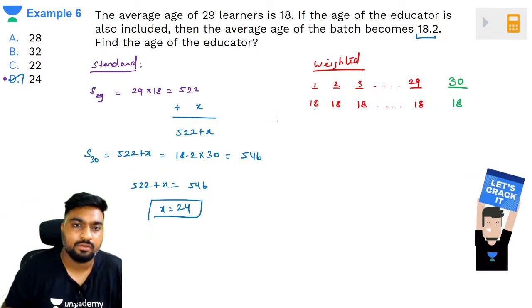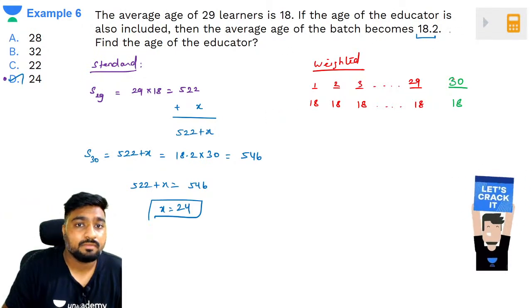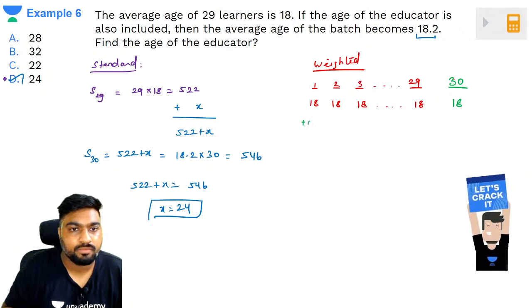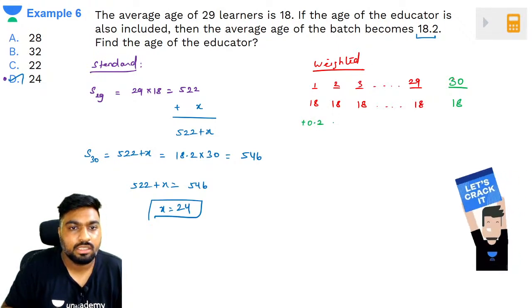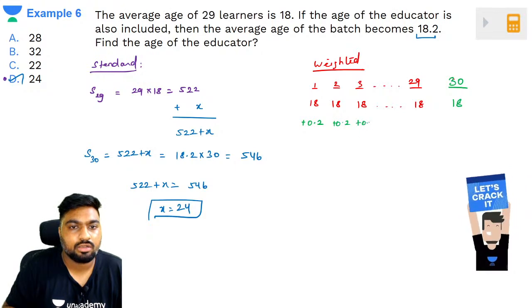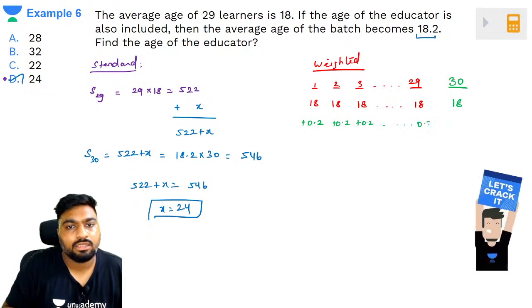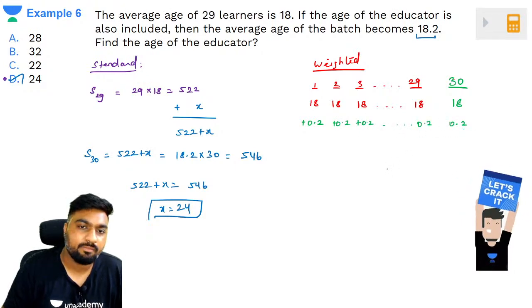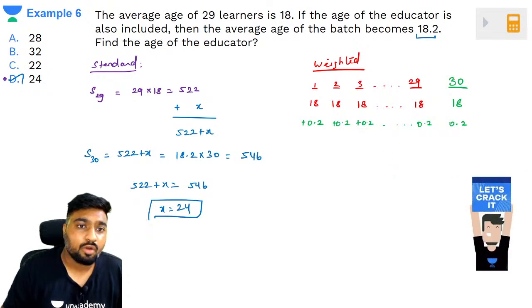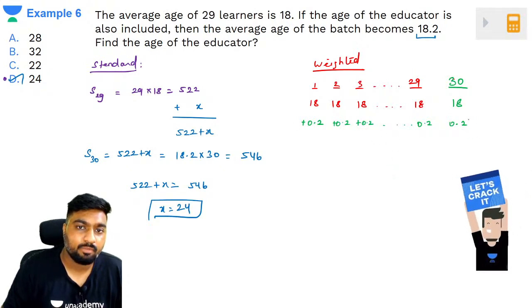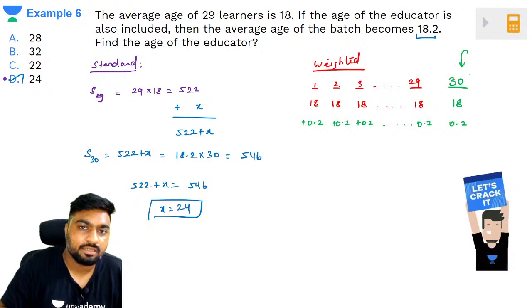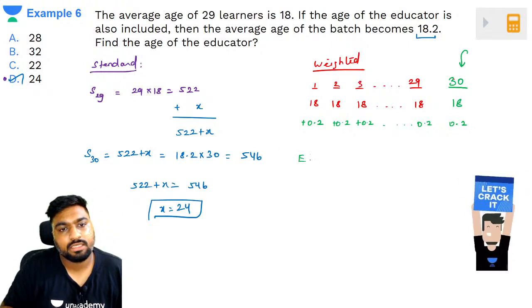But now it becomes 18.2, so it is increasing by 0.2. Here 0.2, here also 0.2, here also 0.2. For all 30 people, it is increasing by 0.2. Correct? So if for all 30 people it is increasing by 0.2, it is because of this educator. So what will be the educator's age?